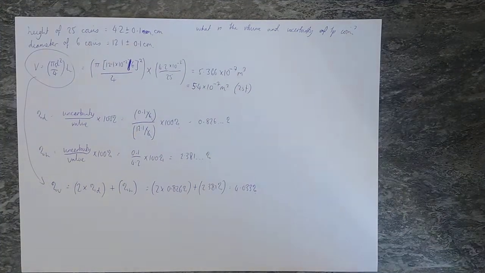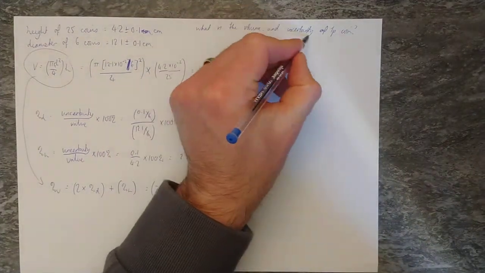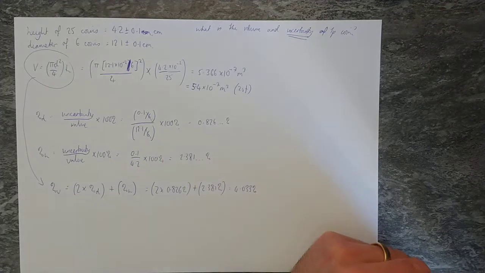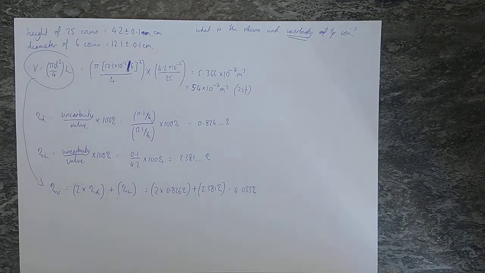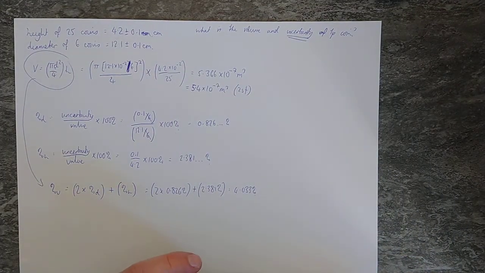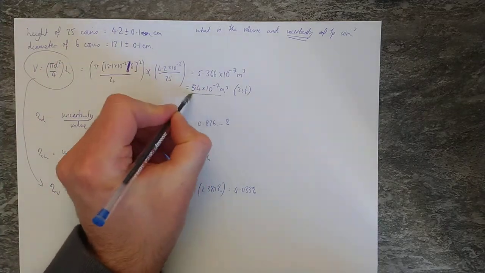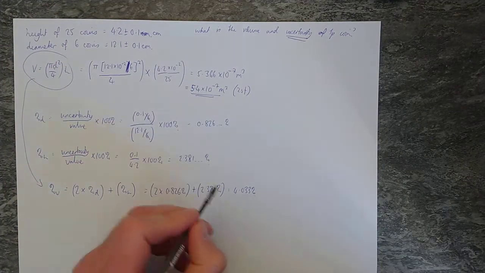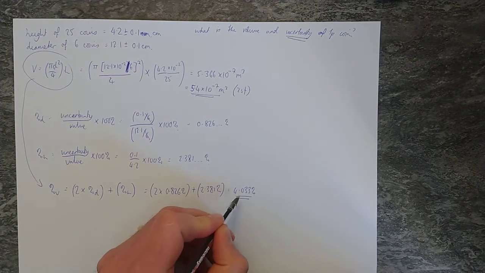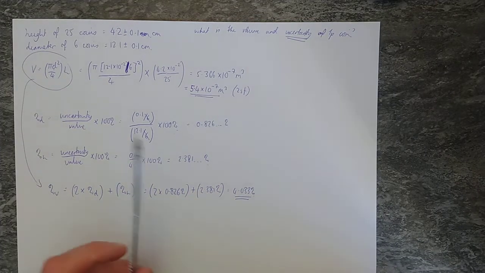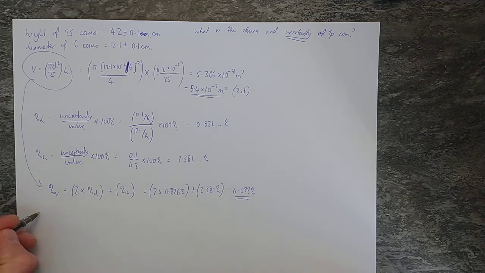Now the question here asks for the uncertainty in the volume of a 1p coin. Whenever it says uncertainty, assume that means absolute uncertainty. So we've got our volume here, 5.4 times 10 to the minus 7, and I've got my uncertainty here. So in essence, what we're working out is what is 4% of 5.4 times 10 to the minus 7.